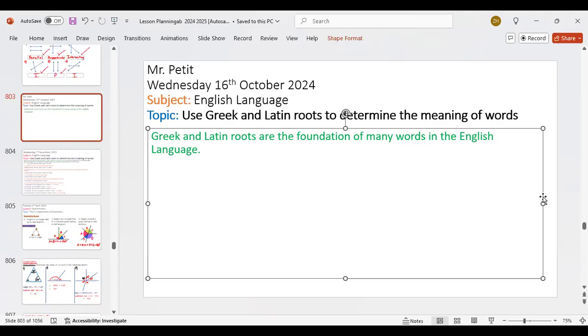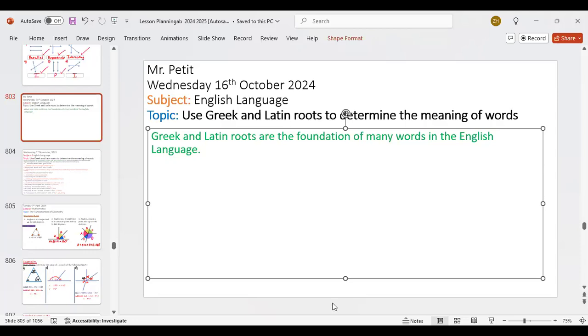I don't know if you ever go on Google and search up the background of a word and see that, oh, I didn't know this word actually before it came here, it was like this. So we use Greek and Latin roots a lot in the English language. And so I'm going to show you some common ones that, if you know them, you can determine what a word means even if this is your first time dealing with the word.